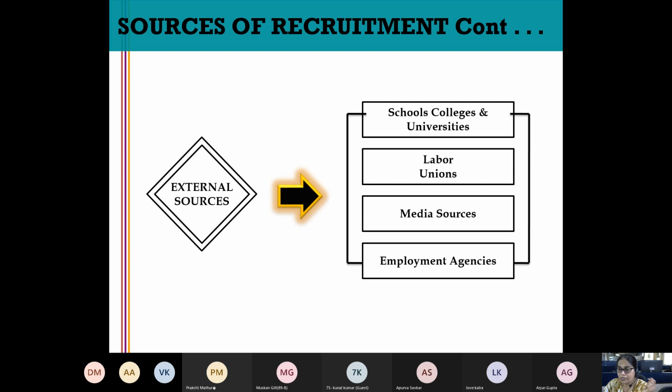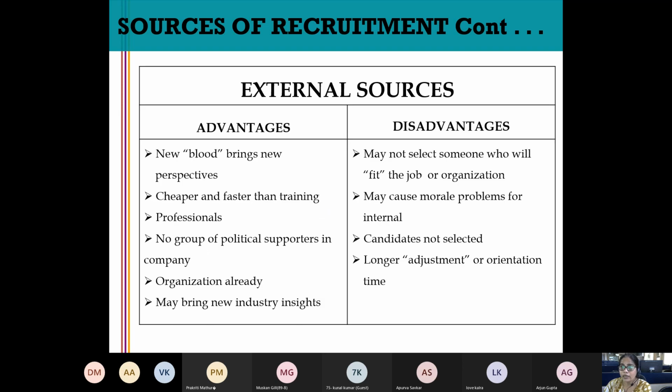And then employment agencies, these are contract people who have a readily available pool. People who are interested in taking up jobs go and visit these companies, and they search via these employment agencies.